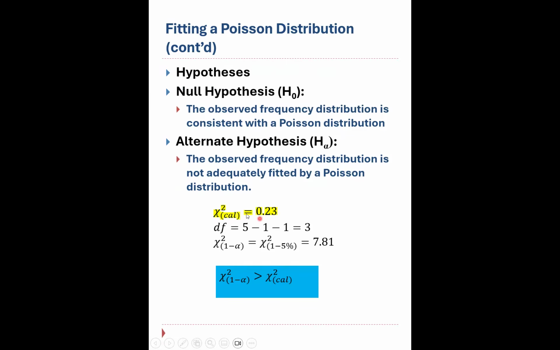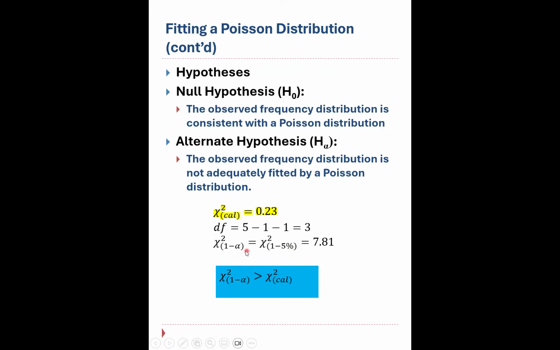So the calculation was performed on the revised number of classes. Therefore, this number is 5 minus 1, and this other minus 1 is because the mu value for the generation of Poisson estimates was developed through the data, or generated from the data. Therefore, the degrees of freedom are 3.